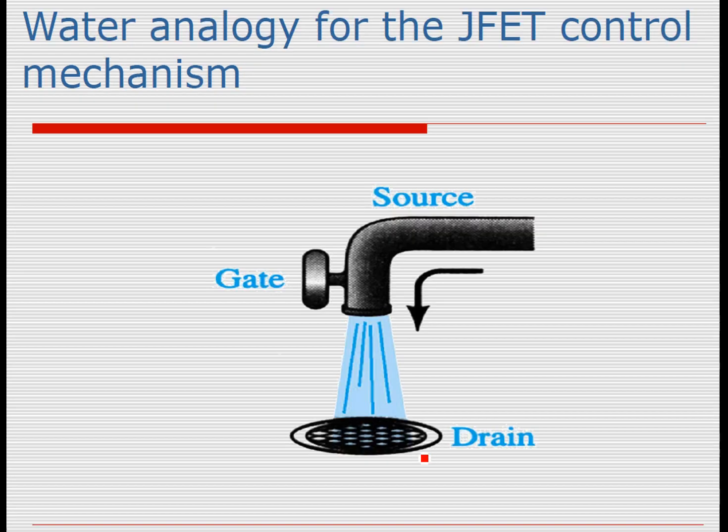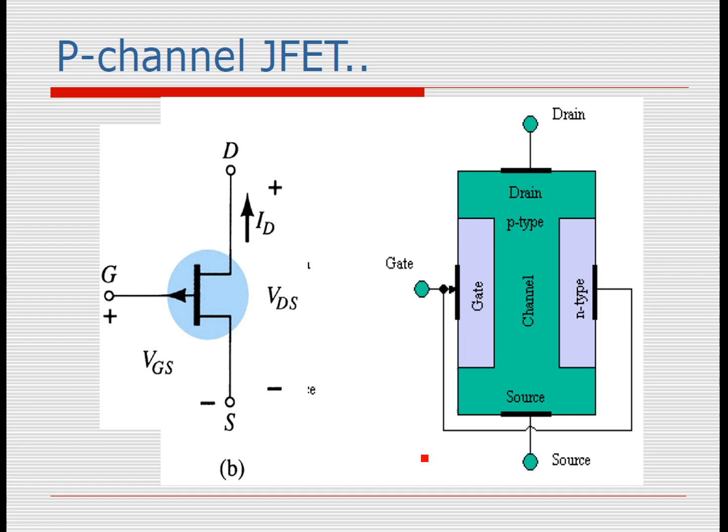So this is the construction of the p-channel JFET. The principle of working of the n-channel JFET and p-channel JFET is similar, the only difference being that in the n-channel JFET the current is carried by electrons, and in the p-channel JFET the current is carried by holes. So that is the difference.